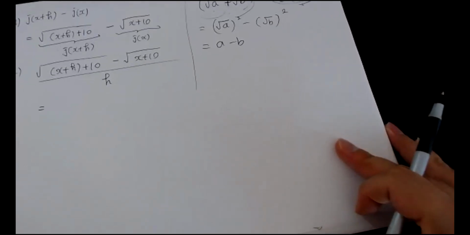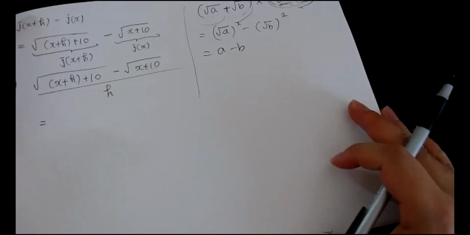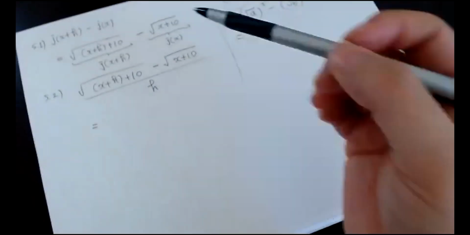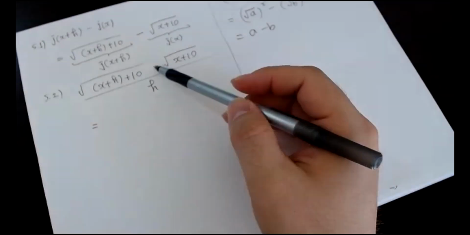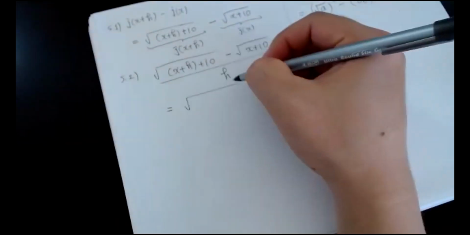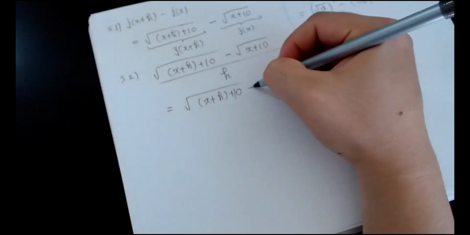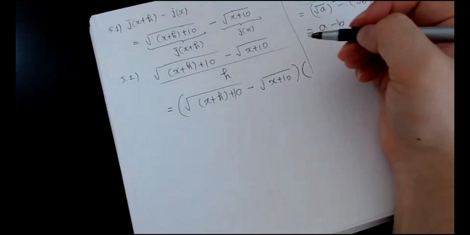So now let's find the conjugate of this. I'm going to multiply by the conjugate of this numerator. So that means, let's see, the square root of x plus h plus 10 minus square root of x plus 10. That's just the numerator. Multiply by what?